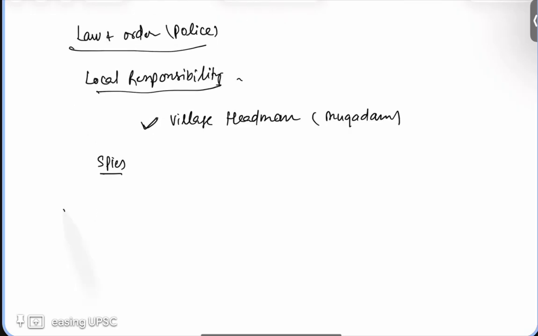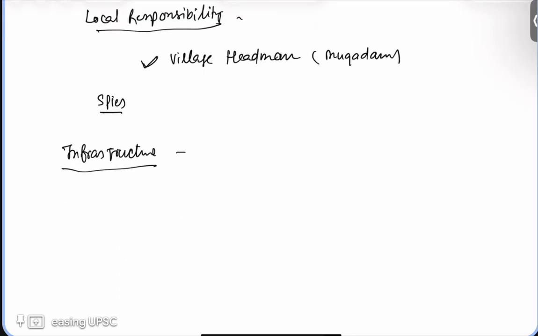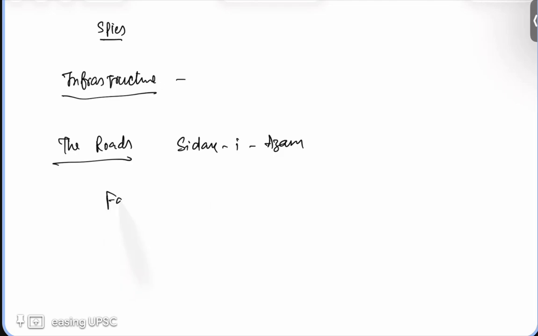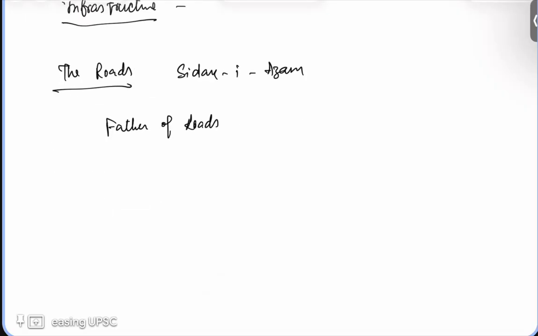Now let's talk about infrastructure. The roads. Sadak-e-Azam. Sher Shah is called the father of roads. In medieval India, he built four major highways to connect his vast empire.